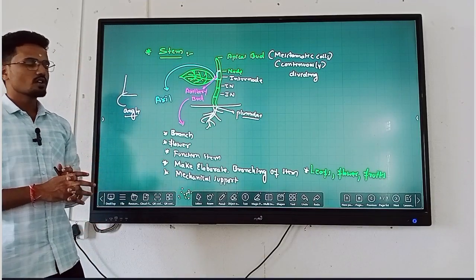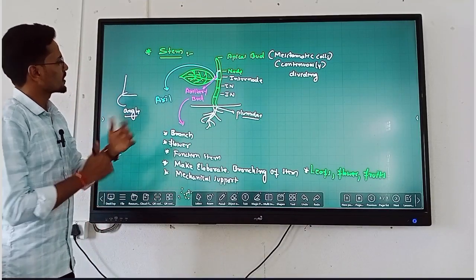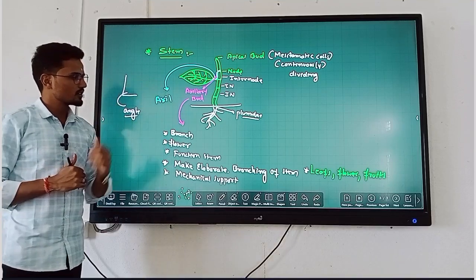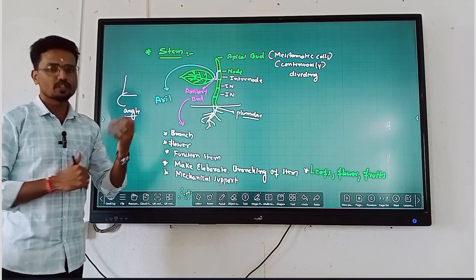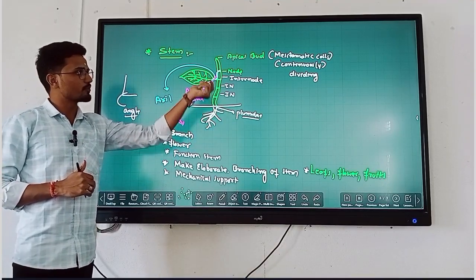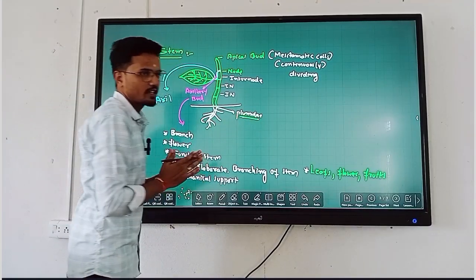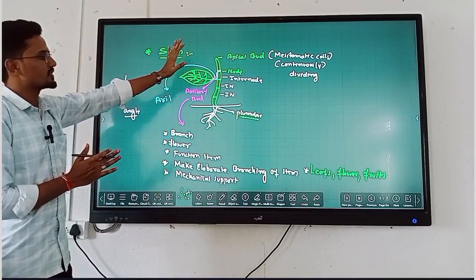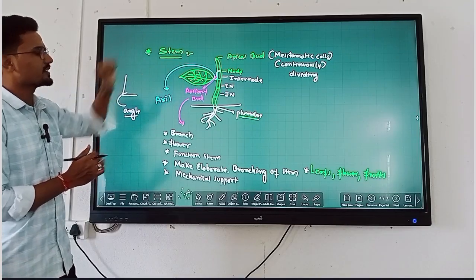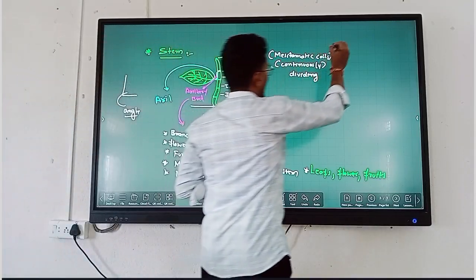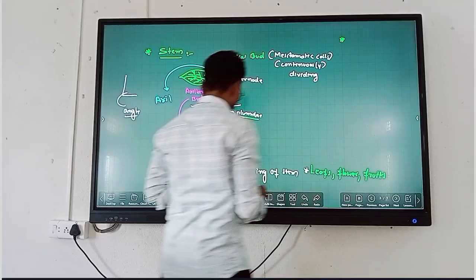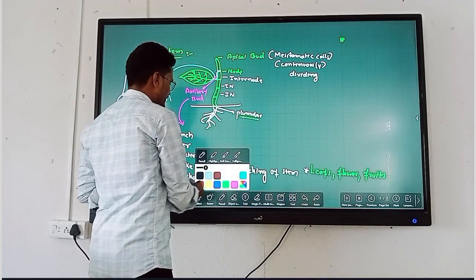So actually this stem, as we know, arises from the plumule. It is an aerial structure, the main structure. Another thing we have to remember, as NCERT says, is that here the root is at end.